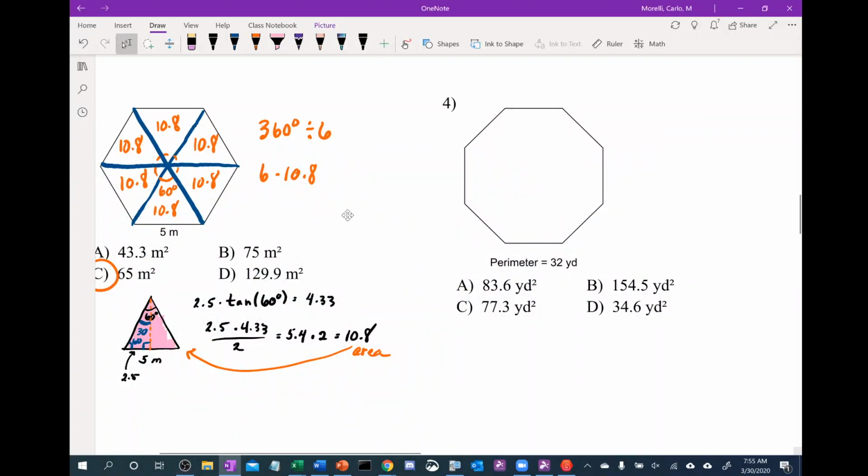Good. Okay, so here in number 4, we have 1, 2, 3, 4, 5, 6, 7, 8 sides. That's an octagon. And we can split that into smaller triangles like so.